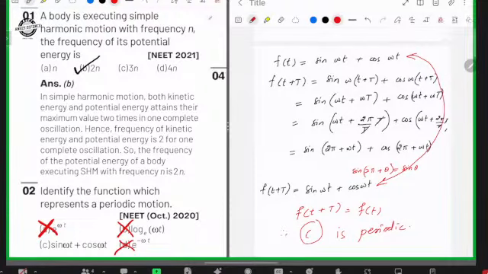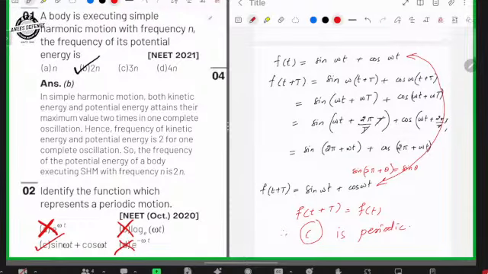There is a shortcut also. Remember my words: whenever the function contains sine and cos in addition or subtraction, the function is always periodic. So only one option is giving you sine and cos, so without solving, you can mark the option.